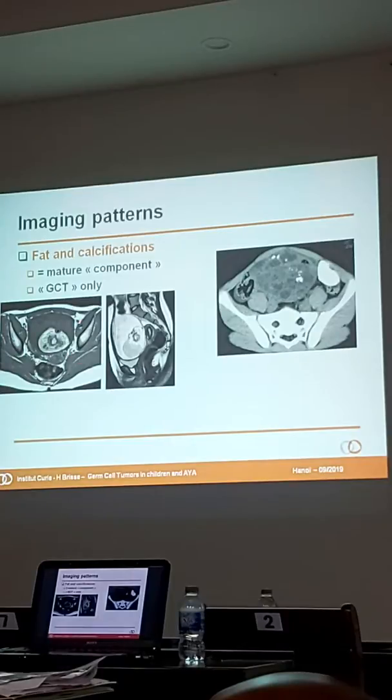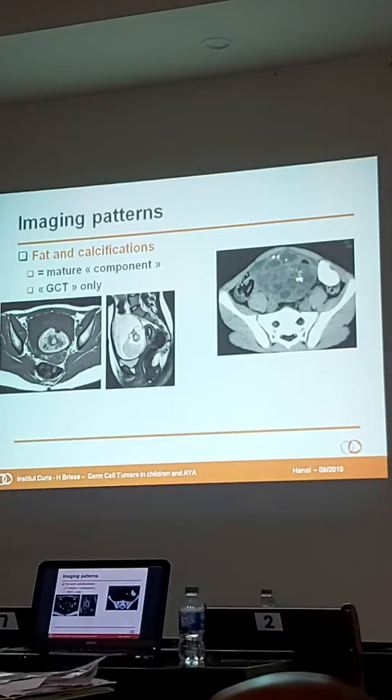And with MRI, as you know, it's difficult to say it's calcification, so you have to check sometimes with other examination, with plain films or CT or with ultrasound to confirm this is calcification. But fat is usually nicely observed, and to confirm this fat, you have to do a T1 sequence without fat saturation, and then with fat saturation, and you can confirm that it is a fat-containing lesion.